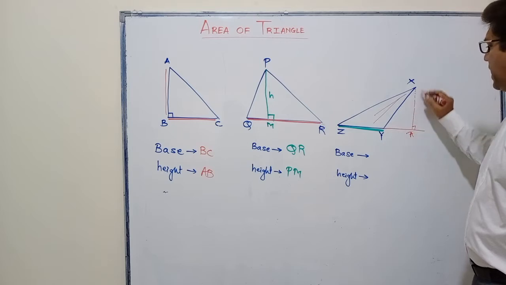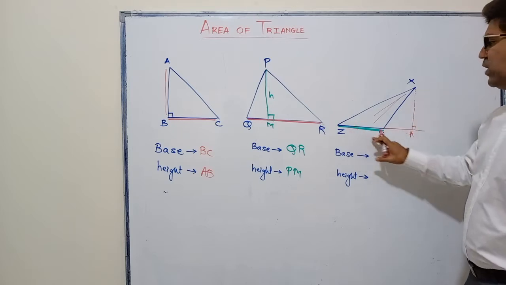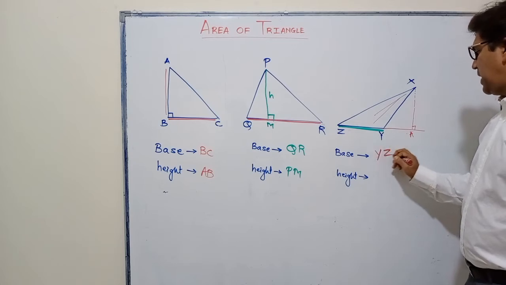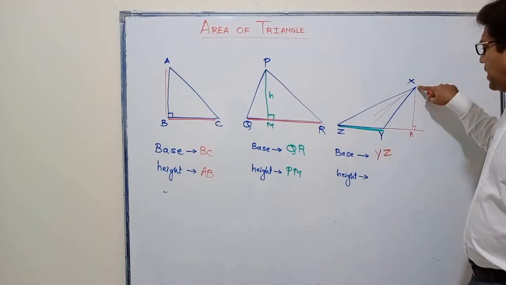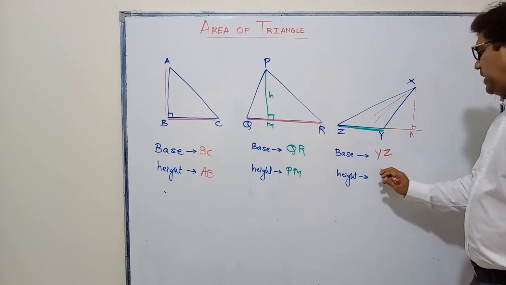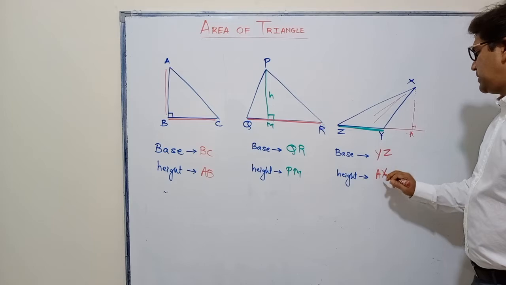Here XA will be the height of the triangle and YZ will be the base. So the base is YZ and the height is from point X. The perpendicular distance of point X from the base is XA, so AX is the height.